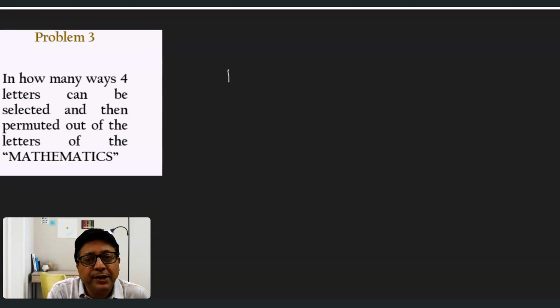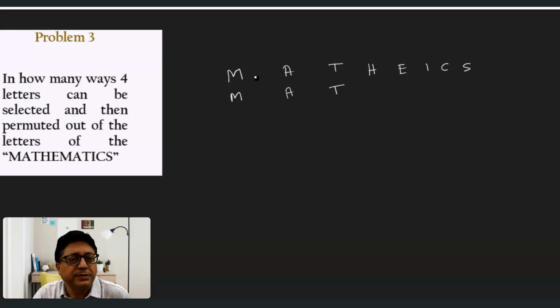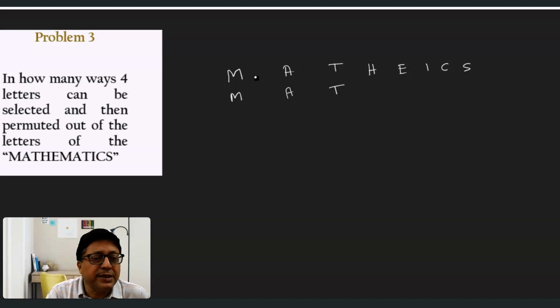M is how many? 2 M's are there. We write it first. Then A, how many? 2 A's are there. Then T also, 2 T's are there. Then H, only 1 H is there. Then E also 1 in number. Then I is 1, C is 1, S also 1.